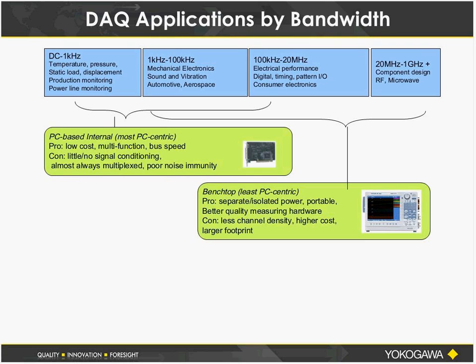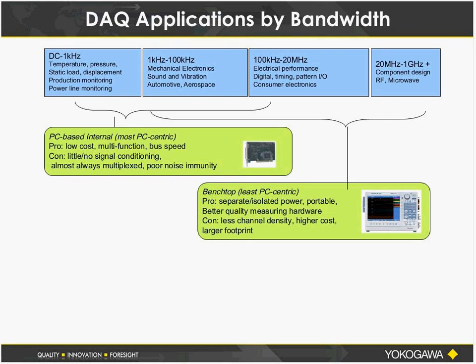And this is a typical low-cost solution that has advantages in that you'll usually have lots of functions on one card, and because the PC is in the instrument, there'll be pretty high bus speed in terms of transfer of the acquired data. On the flip side, this type of architecture is going to be the most sensitive to noise, as we'll discover through the course of this presentation.